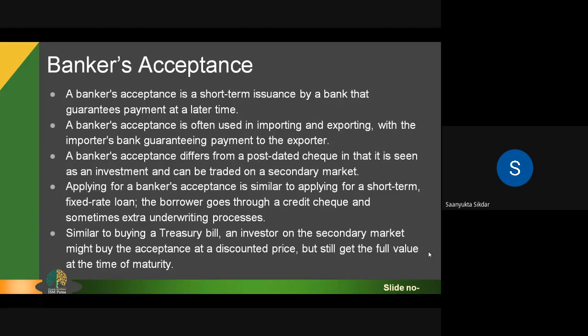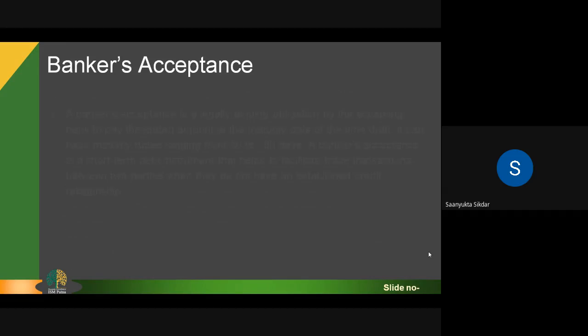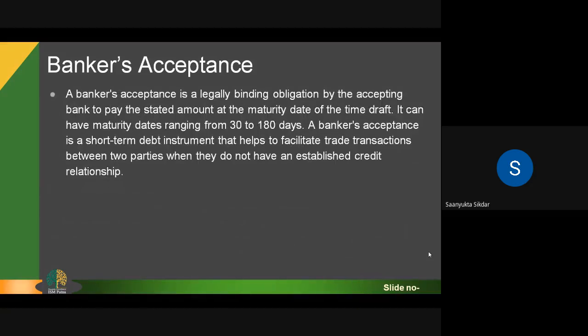Similar to buying a treasury bill, an investor on the secondary market might buy the acceptance at a discounted price but still get the full value at the time of maturity. So this is also associated with the three important characteristics of any money market instrument. A banker's acceptance is a legally binding obligation by the accepting bank to pay the stated amount at the maturity date of the time draft.